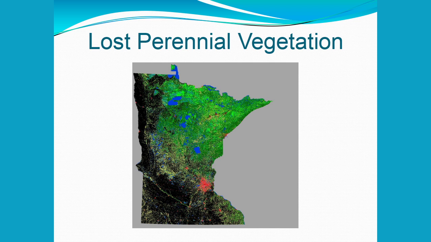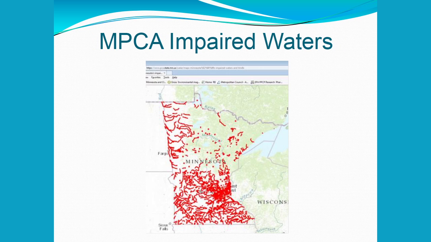We have lost perennial vegetation in large areas of the state where we don't have as much on the landscape anymore, and as a result of the changes that we've made for a variety of good reasons, we're starting to see more and more impairments of the water resources that we have in the landscape, and thus it brings us back to the need to look at vegetation adjacent to waters and reevaluate how we're doing on that.